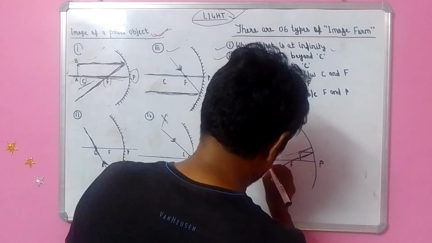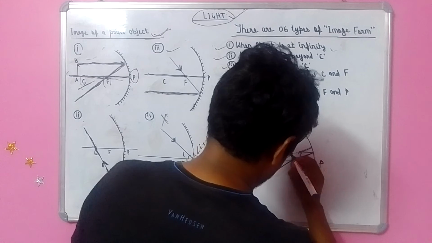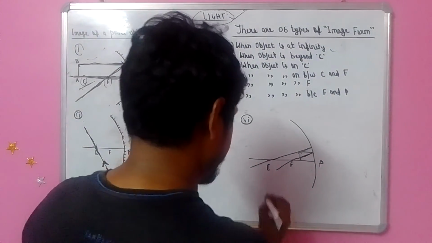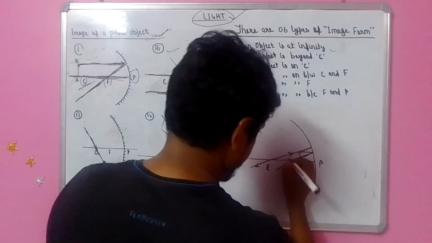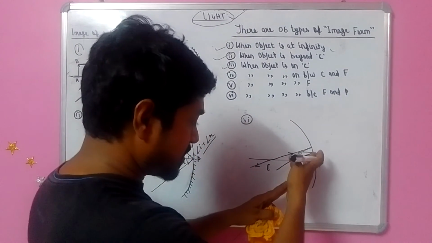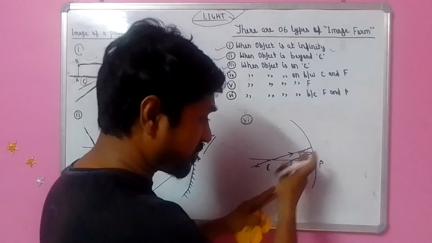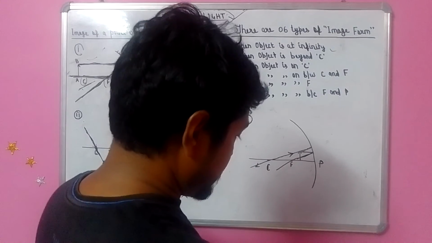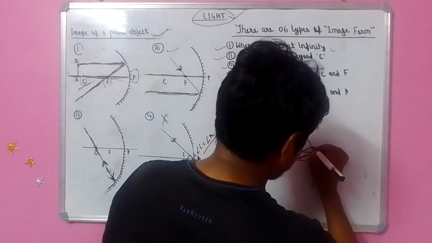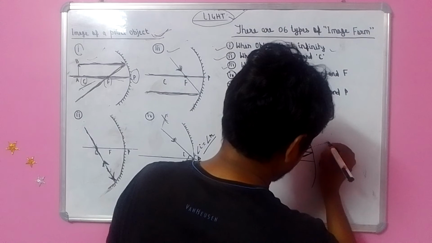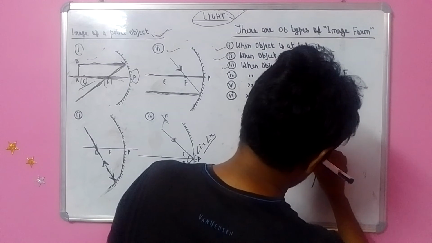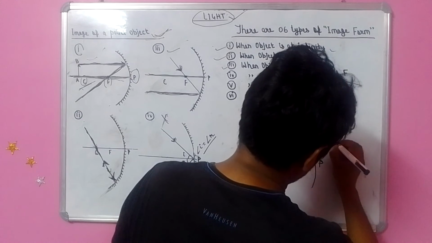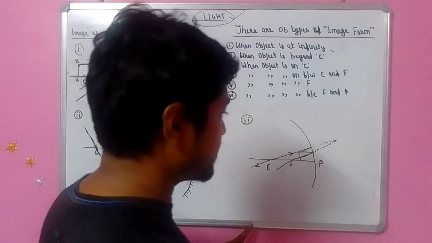after reflection it passes through the center of curvature in the same path. The ray going from the center of curvature, after reflection goes back in the same direction. So we can imagine this ray will meet outside, in the opposite direction of the mirror.